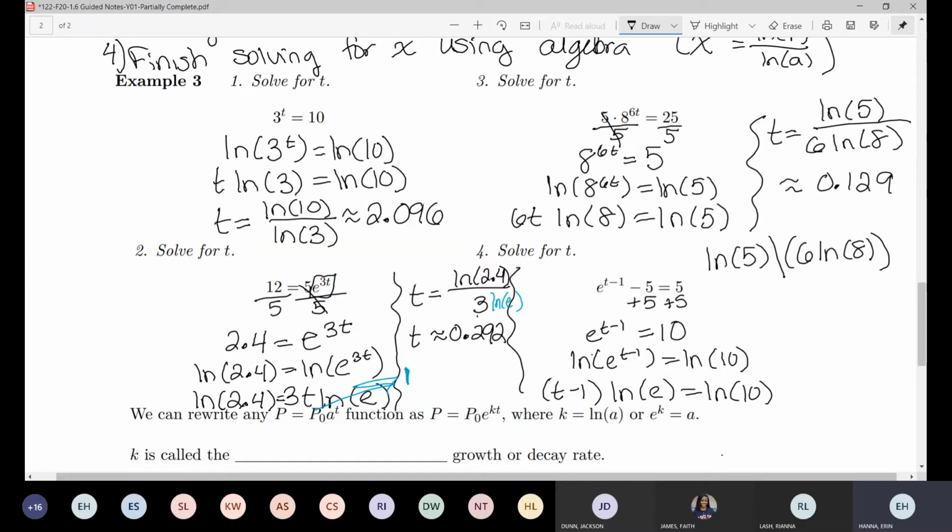But if that was a natural log of anything else, you'd have to distribute it first. Well, actually, you could just divide both sides by it. Any algebraic way you could deal with that, you could. But you might not deal with it correctly if you don't have the parentheses around the t minus 1. But natural log of e is 1, so I'm just going to kind of drop it. So we essentially have t minus 1 equals the natural log of 10. So t equals the natural log of 10 plus 1, which is 3.3.